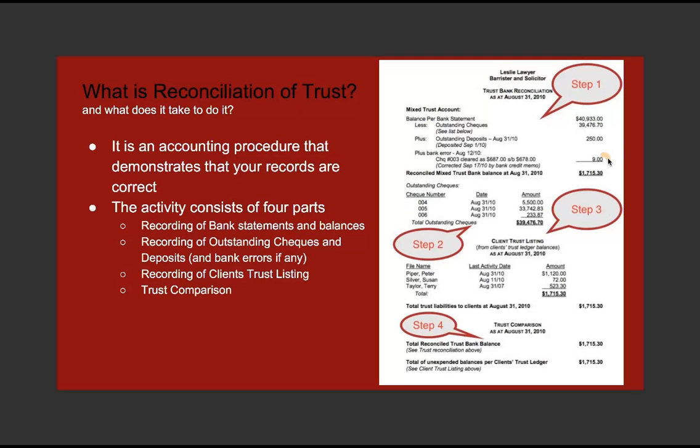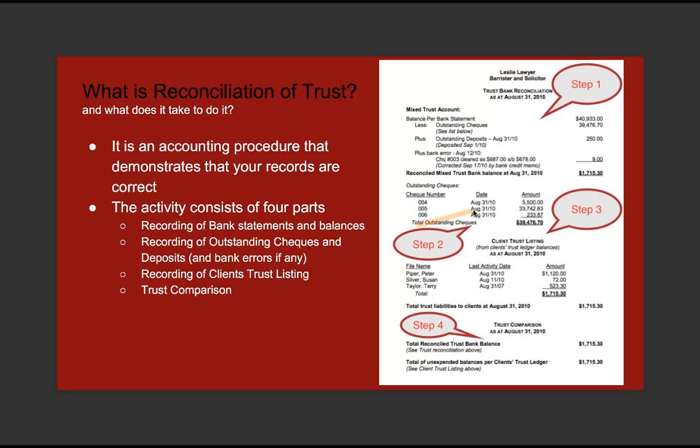You subtract or add them based on how the error occurred. For example, if they took away money from you, you subtract it, and if they gave you money, you add it. And then you will arrive at what we call a reconciled mixed trust balance. So that's your step 1.